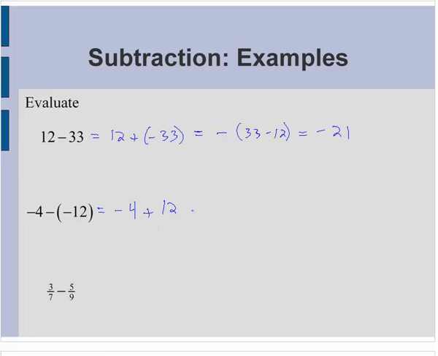Negative 4 plus 12 would be a positive number because 12 is larger than 4. So we know it's positive, and we would subtract the values. I'm putting the positive there on purpose just to remind us. We have 12 minus 4. 12 subtract 4 is 8, and so we'd have positive 8.